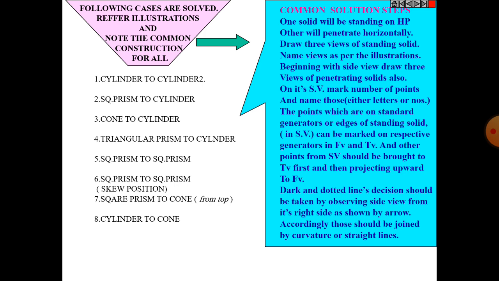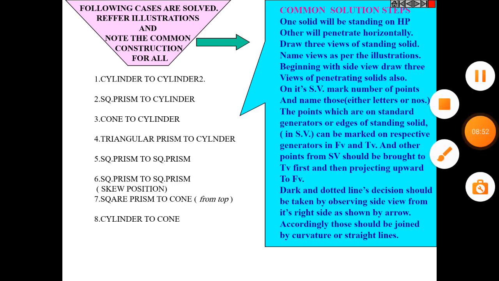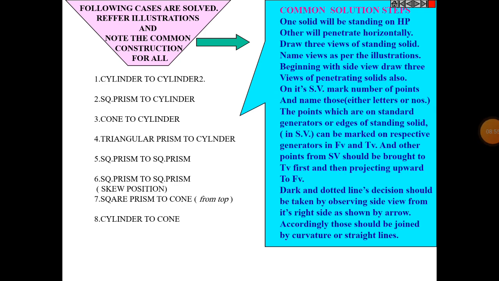In side view, mark on a respective generator in front view and top view. Other points should be in side view. The solid which is laid on HP shows front view and top view, and another point should be shown in side view to the top view.